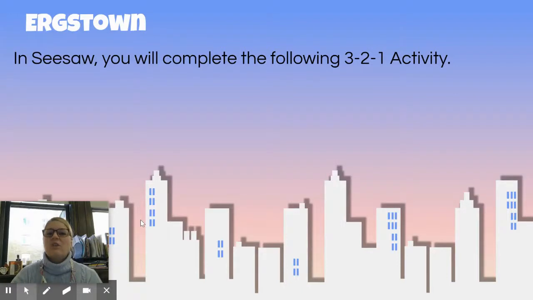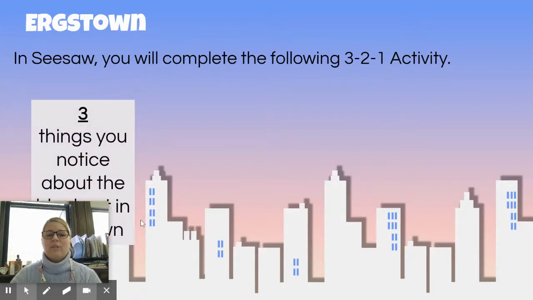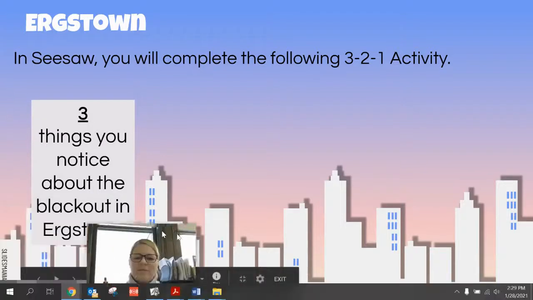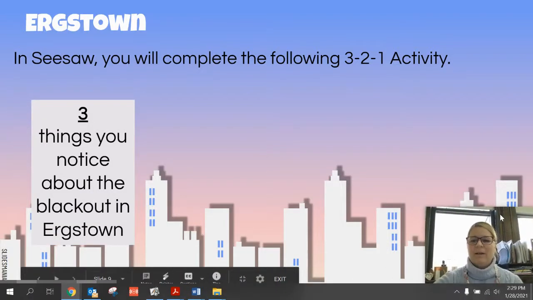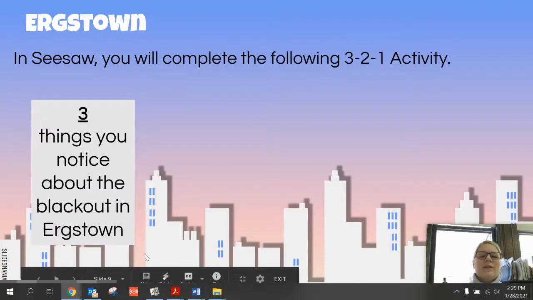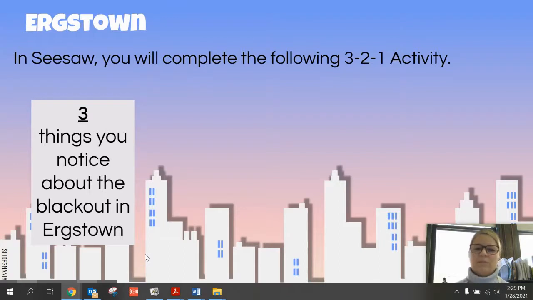All right, so in Seesaw, you're going to complete a 3-2-1 activity. First part: three things you notice about the blackout in Ergstown. So those three pictures, that's what you're going to write, three different things you notice.